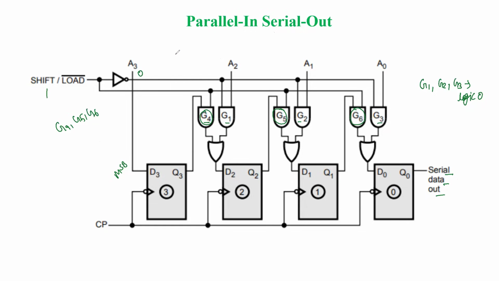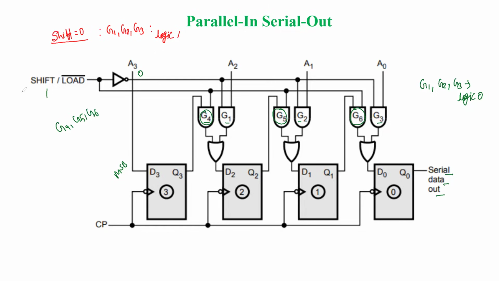Finally, we can conclude that whenever shift is 0, the AND gates G1, G2 and G3 are going to produce logic 1, that is, the data inputs.